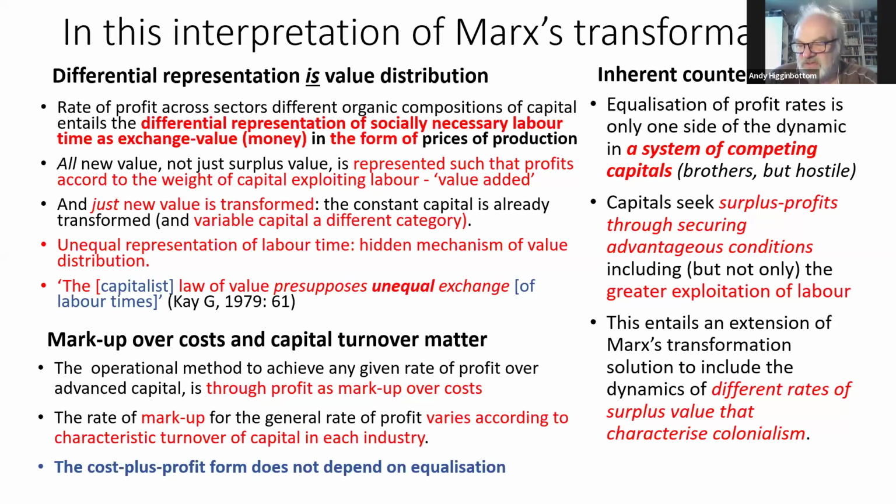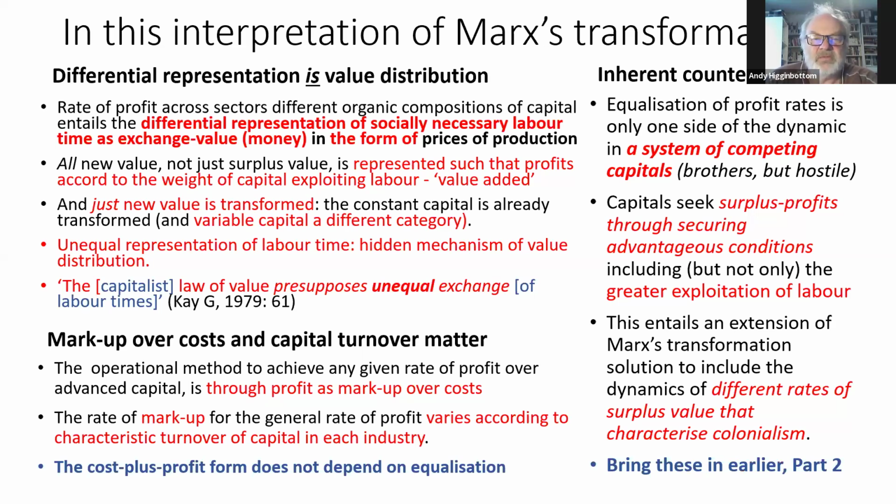So you've got the solution based on different organic compositions of capital and partially different rates of turnover, but not the third, and perhaps even at least as important, I would say, as organic composition, the rate of surplus value. And if one brings in the rate of surplus value, this makes the solution much closer to a stepping stone to a theory of imperialism based on Marx's path-breaking contribution.